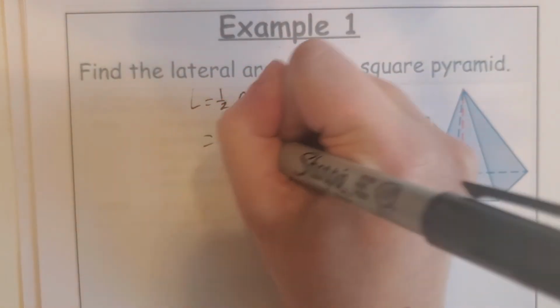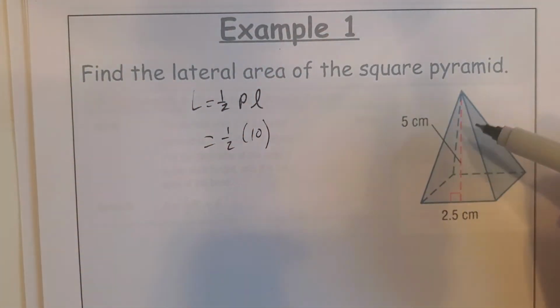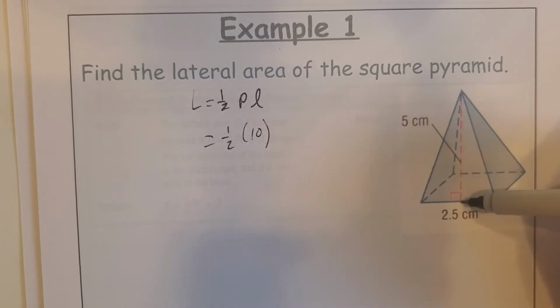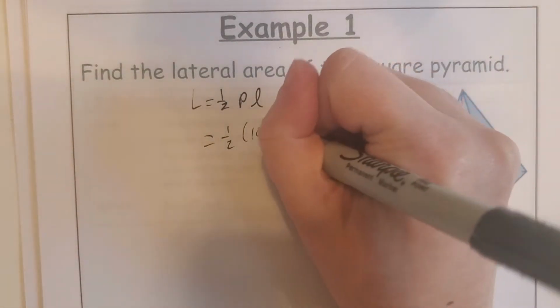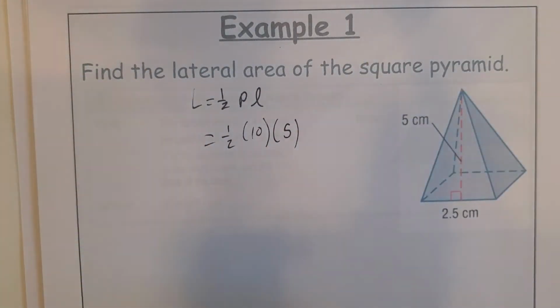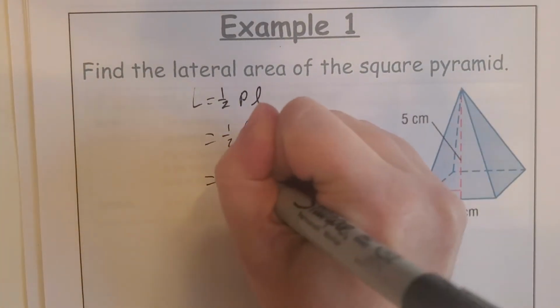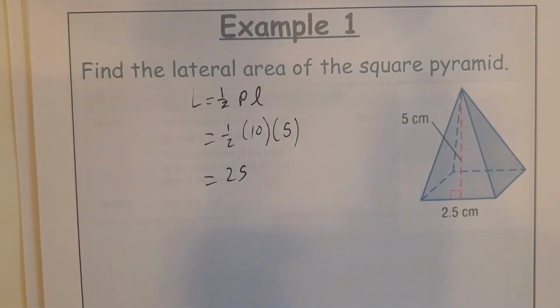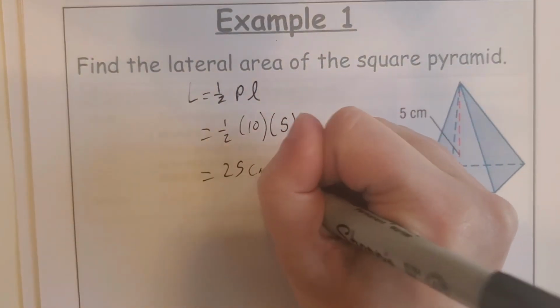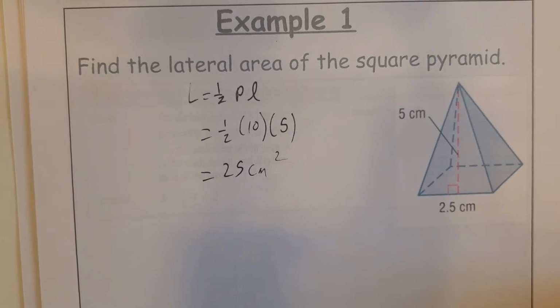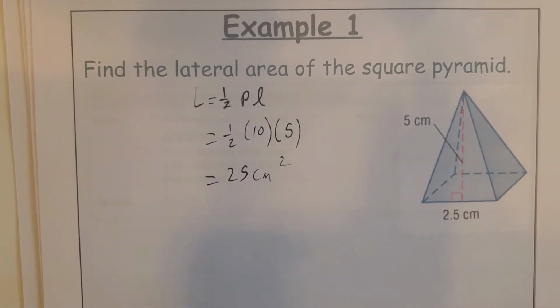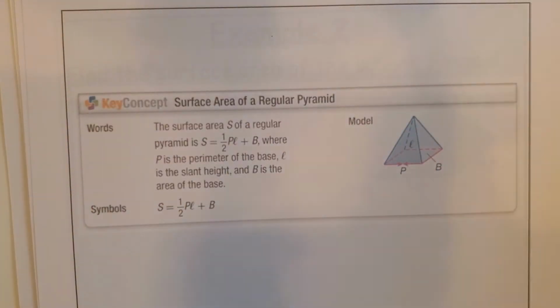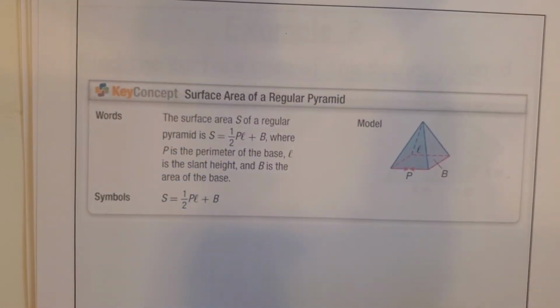So this is half of 10. And then this right here, because it goes from the vertex to the edge of the base, this is your slant height, so times 5. So half of 10 is 5, times 5 is 25. And we're still talking about area, so I am going to look for units, and it is units squared, centimeters squared. Okay. All right, we'll probably come back to lateral area a little bit later.